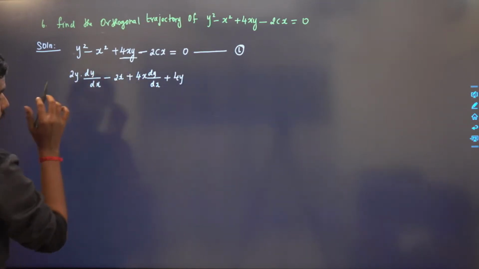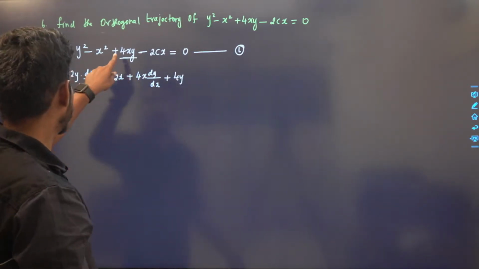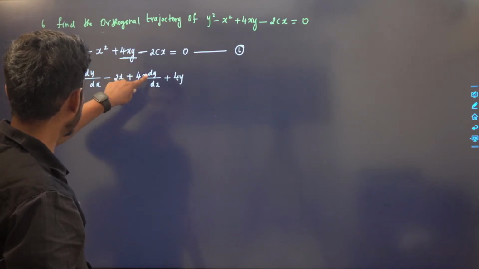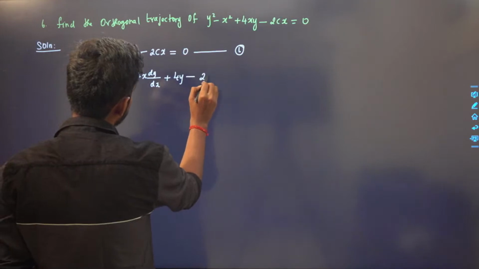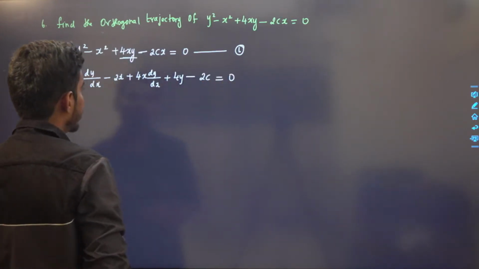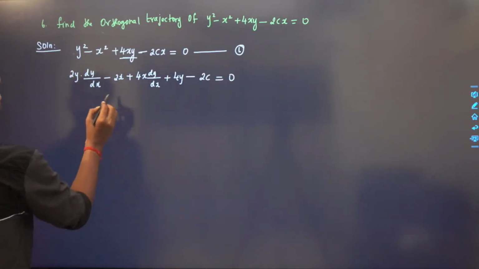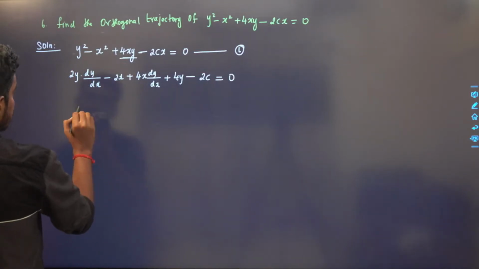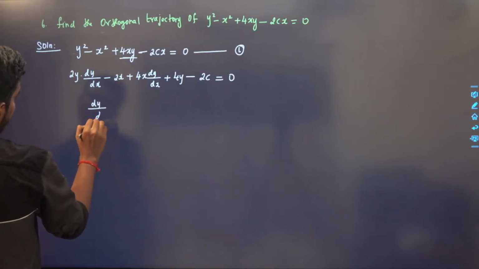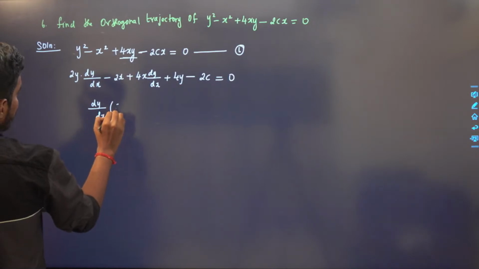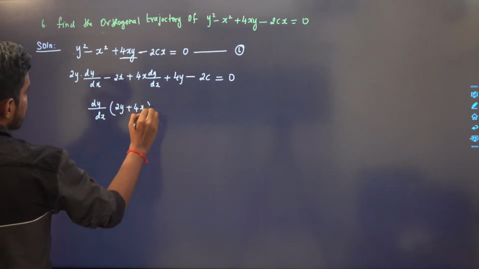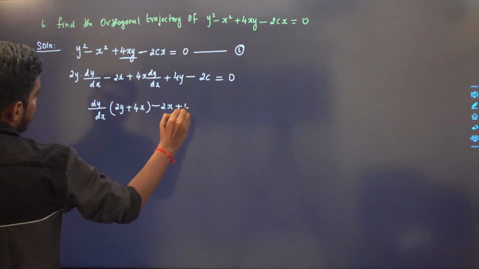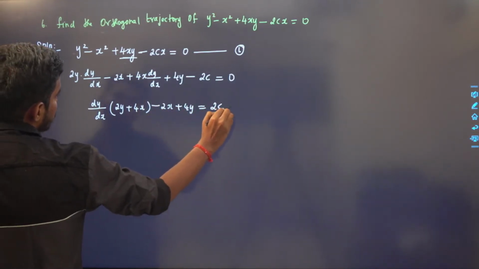I'm applying the product rule here: 4x times the derivative of y is dy by dx, 4y times the derivative of x is 1, minus 2c is equal to 0. If I take dy by dx outside, here we have 2y plus 4x, minus 2x plus 4y is equal to 2c.